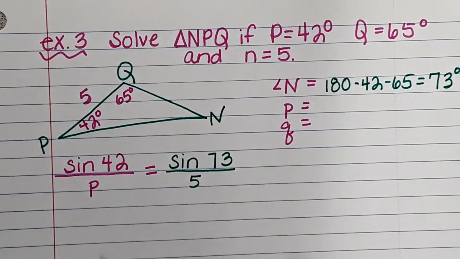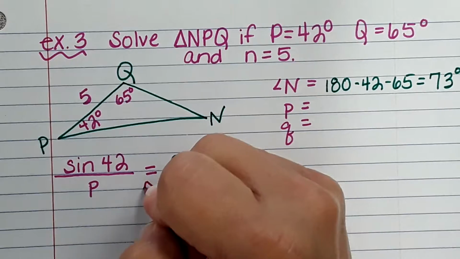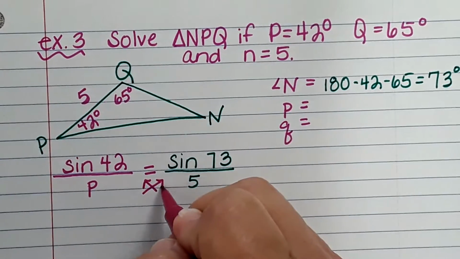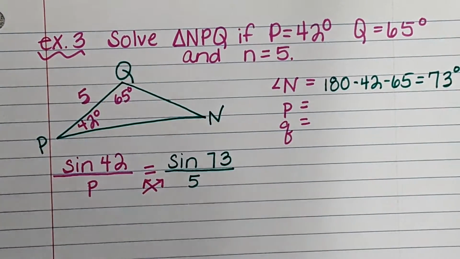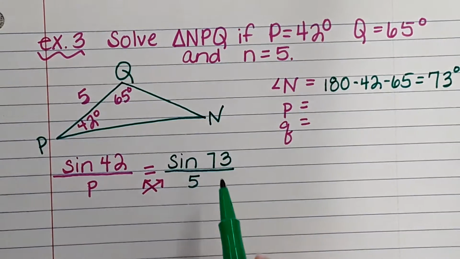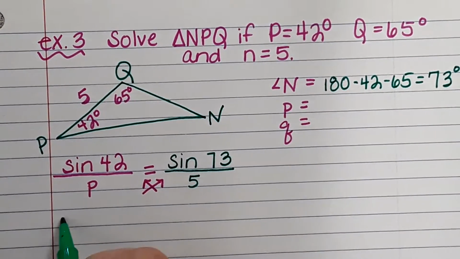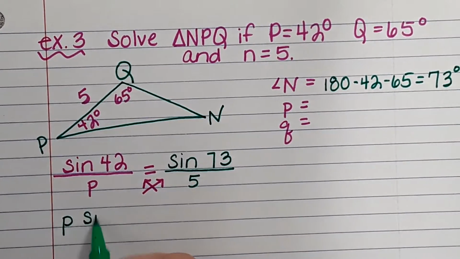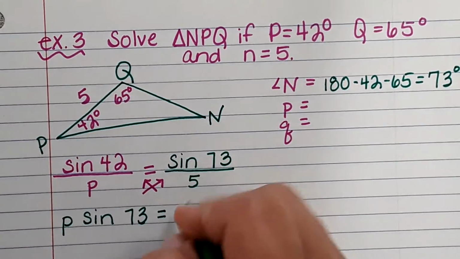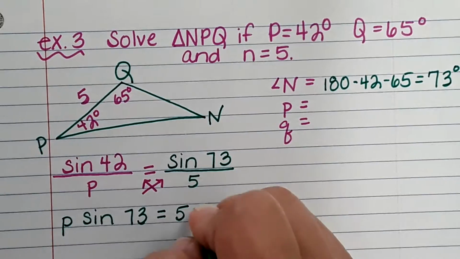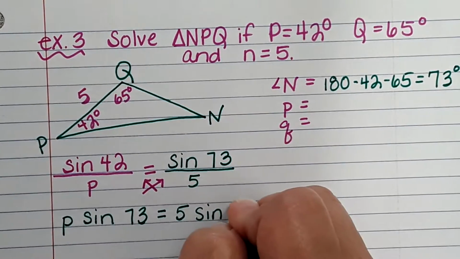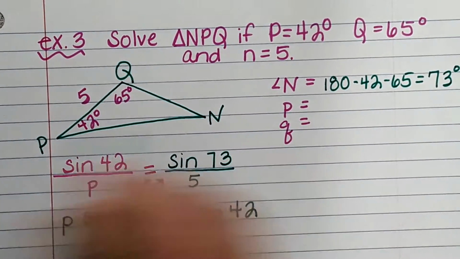Now we're going to cross multiply. So I'm going to multiply this way, and I'm going to multiply this way. So I'm going to have p sine 73 equals 5 sine 42.